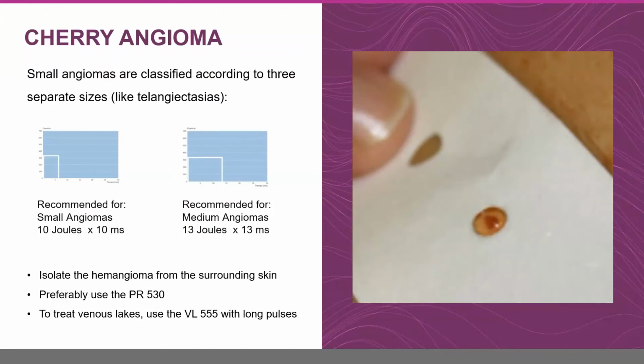So what we generally do in this case is we would use a piece of paper and cut a template out of the paper. You need to remember that you need to apply your ultrasound gel to the paper and then place the handpiece over that angioma and fire your pulse. So the only part of the tissue that will be absorbing energy will be within that little cutout template that you've made from the piece of paper.